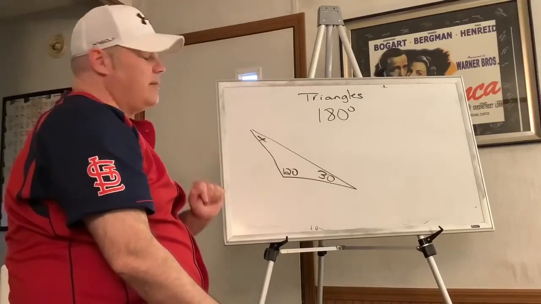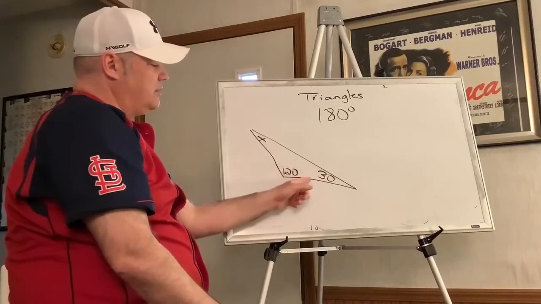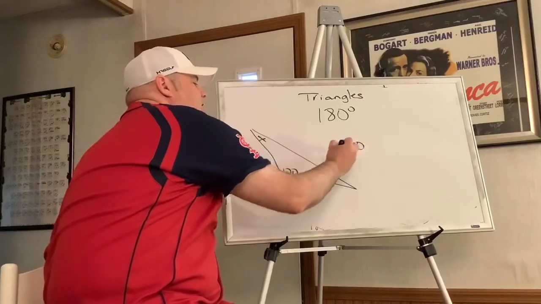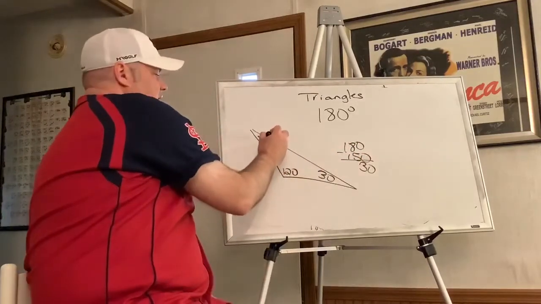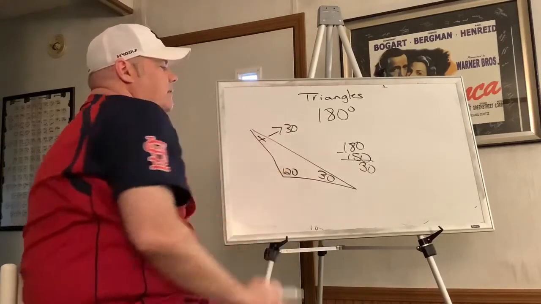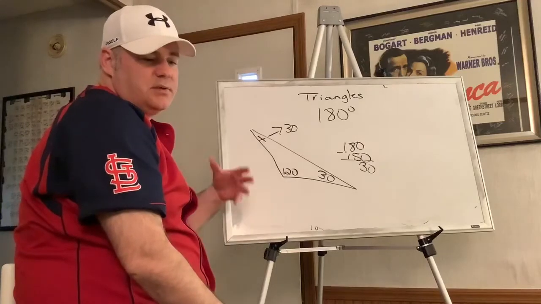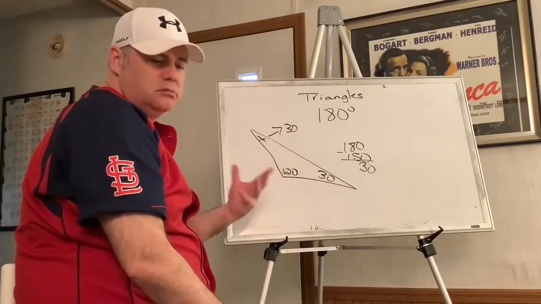What is that angle measure? Well, what you would do is add these two together. So 120 and 30 is 150. And take that away from 180. See what's left. Okay? So X is 30 in this case. That's what you do. You find what the other angles are, subtract out, and find that.